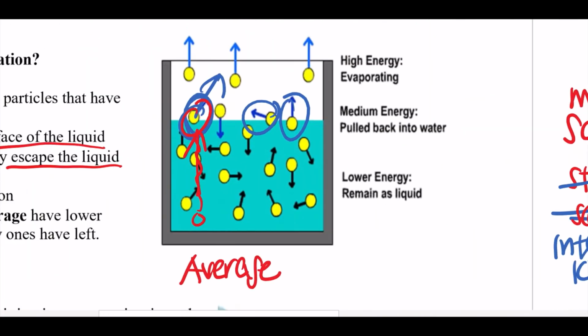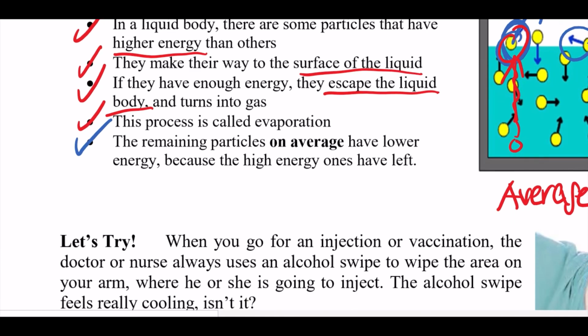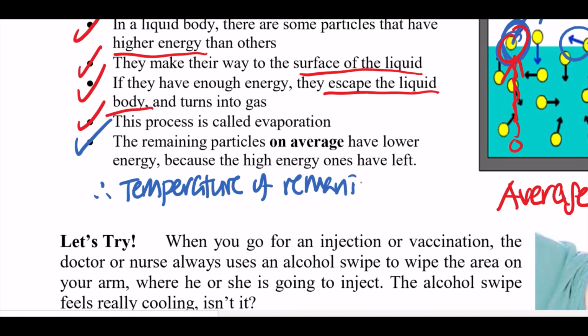The answer is this: the remaining particles on average have lower energy because the higher energy ones have left. So this is why the temperature of the remaining liquid will decrease.